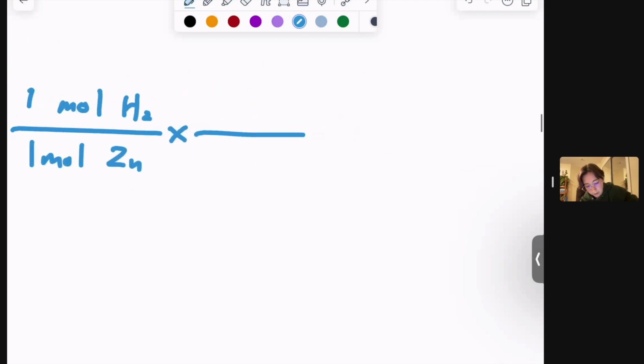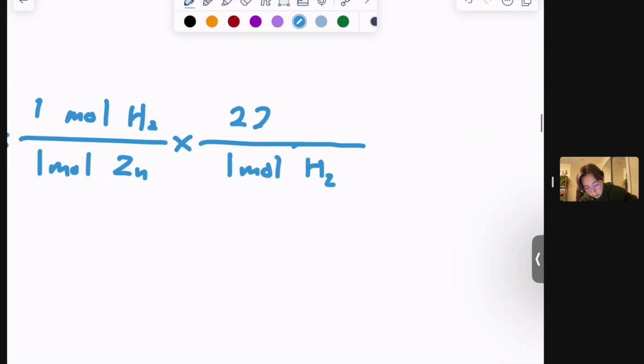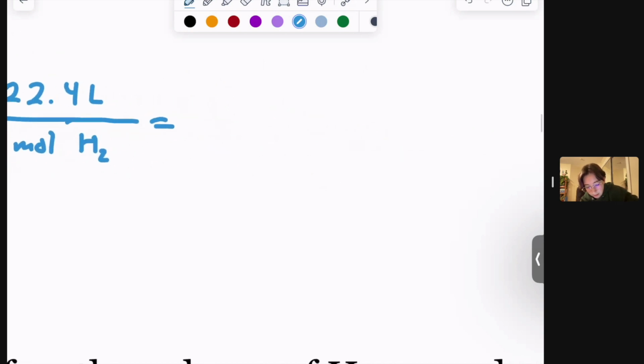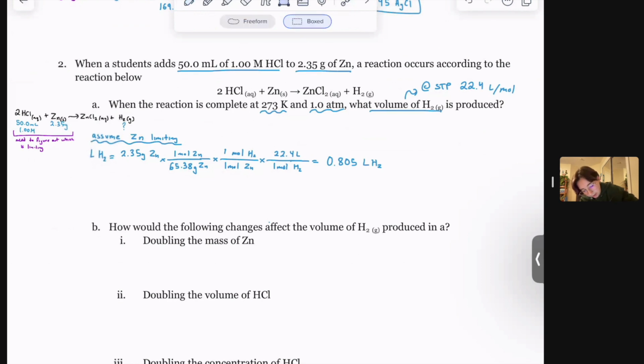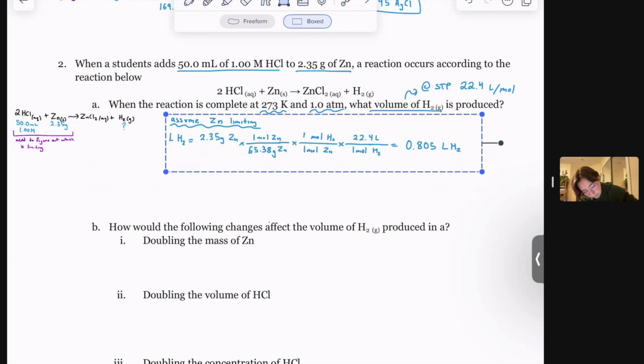And then from that little trick I just showed you, for every 1 mole of H2 gas, I know that there are 22.4 liters of gas. Multiply all across. If zinc was my limiting, I could make this many liters of H2.